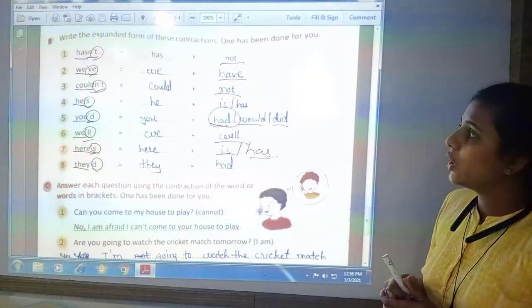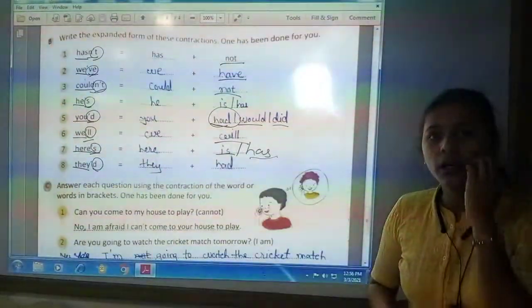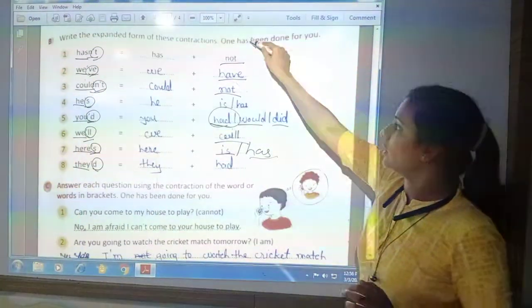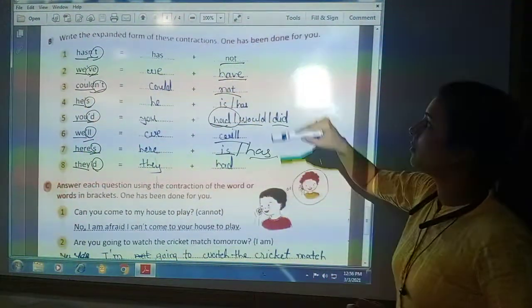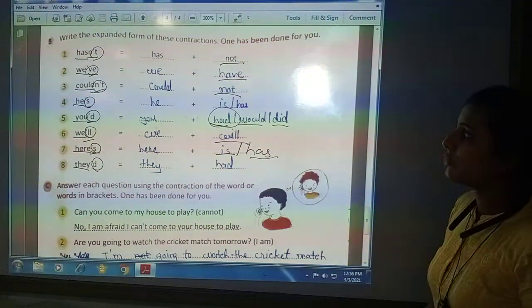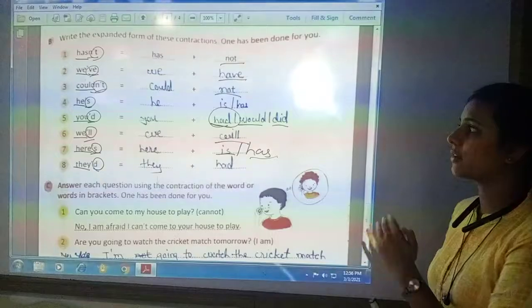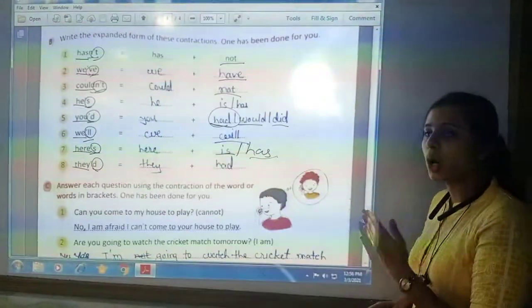So in this way, the first word will be kept as it is, and from the second word you have to write the full form or expand that contraction. So first is hasn't will become has not. Second is we've will become we have. Couldn't will become could not.